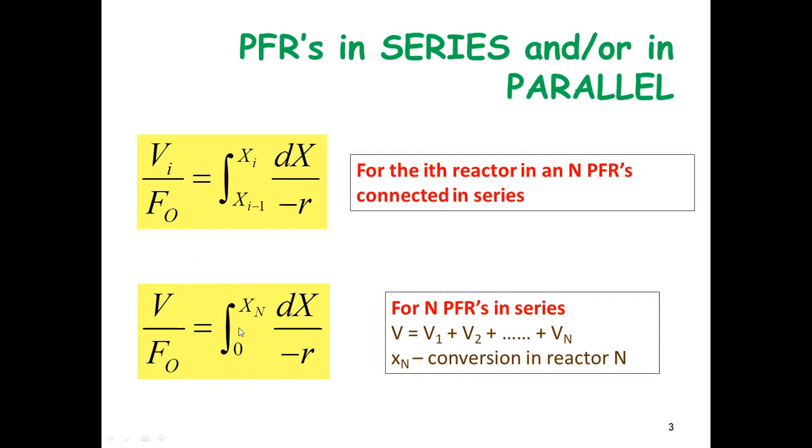Take note where Xn is the conversion in the nth reactor. And this one is 0 because this is assumed that your feed was not initially converted when it entered the first PFR. But if it's already converted, then this should not be equal to 0.